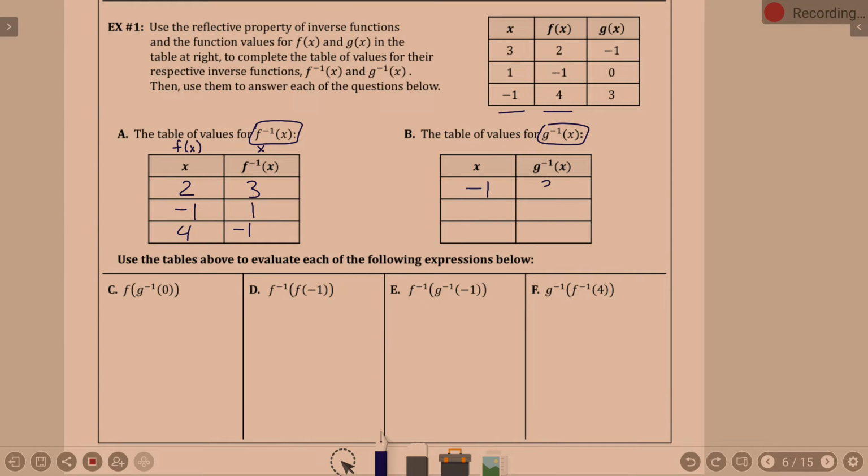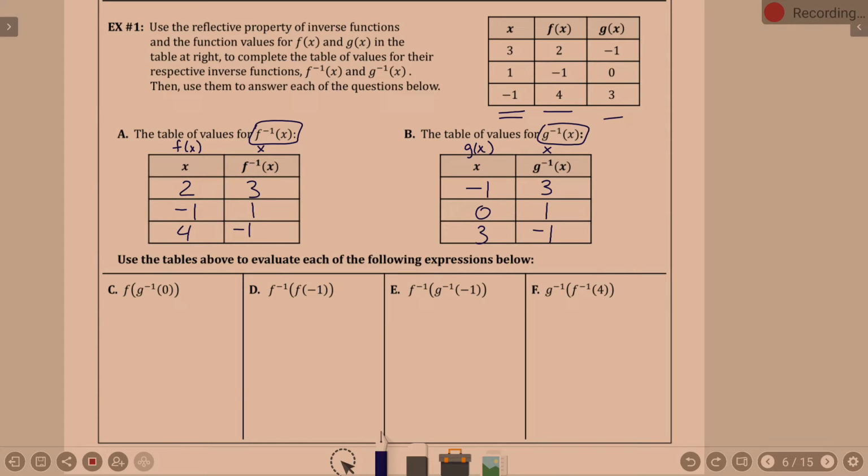Hopefully you guys agree with her. For g inverse of x, this time you're going to use the x and the g of x column. So it's the g of x and then the x. You're just taking them and flipping them, correct?